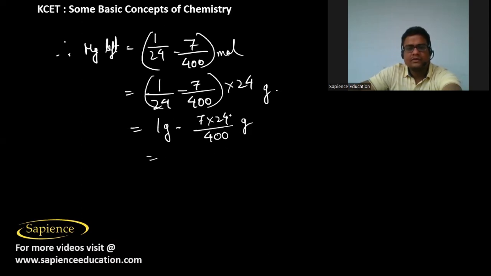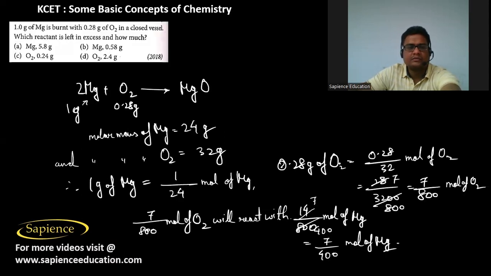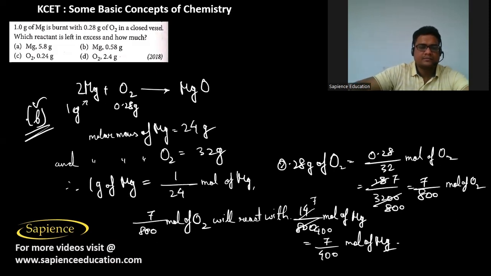So this is 1 gram minus 0.42 gram, that will be equal to 0.58 gram. So 0.58 gram of Mg will be left. So option B is the correct answer.